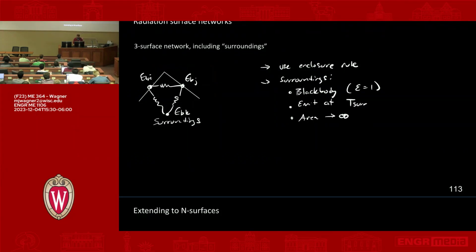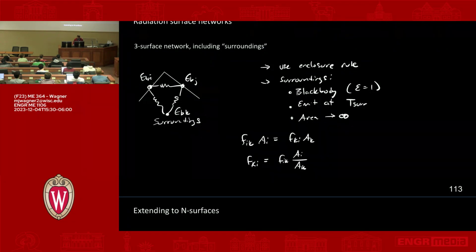Okay, so just to write that out, we would say F from I to K times AI is equal to F from K to I times AK. So if we solve this for F K to I, that equals FIK, AI over AK. In this case, we're saying AK goes to infinity.